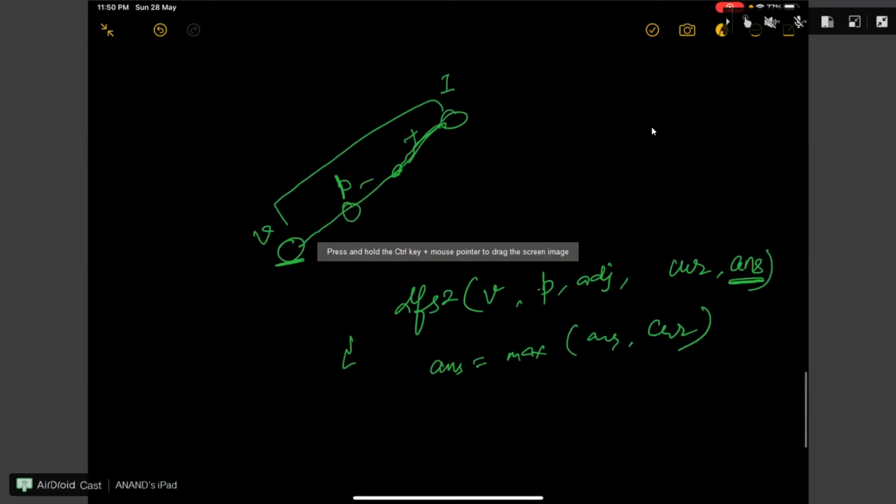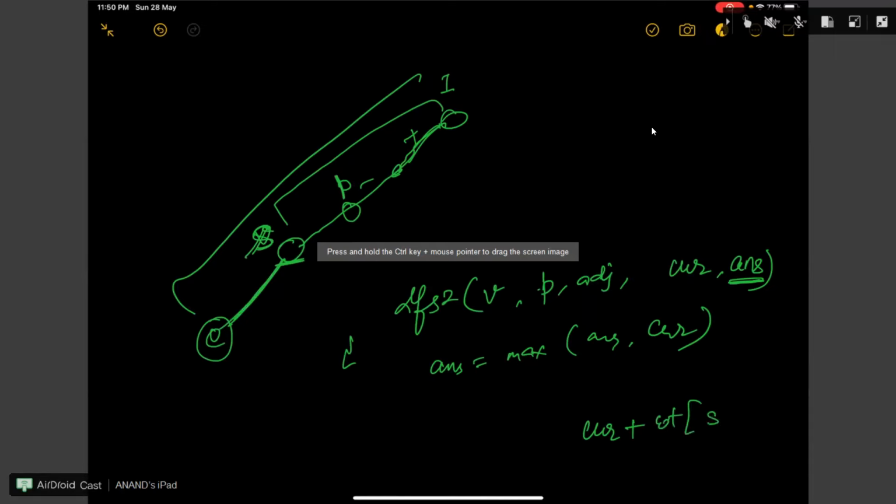Now when you move, let's call it S rather, when you move from S to E, what will be the new total distance? That will be nothing but whatever is current plus the weight of the edge S to E. That will be called in DFS2.